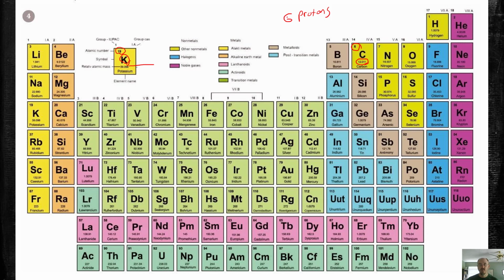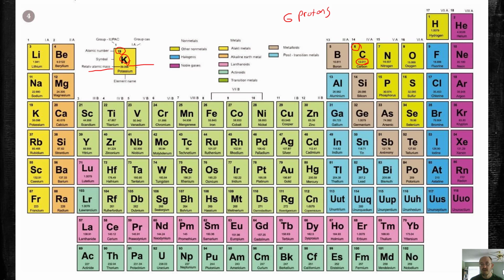And to figure out how many neutrons there would be in that nucleus, you would look at this atomic mass here. So the atomic number lets you know how many protons. Atomic mass lets you know the combined total number of protons and neutrons. So you find the difference between the atomic mass and the atomic number there. They call this the relative atomic mass, right? It's usually a decimal, so just round.